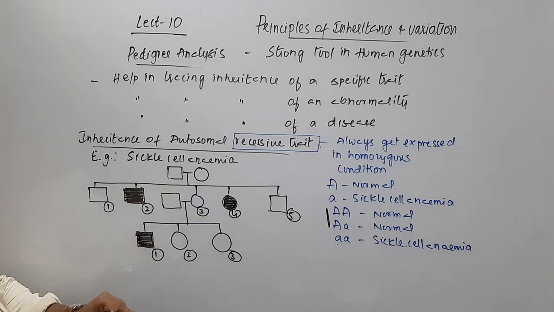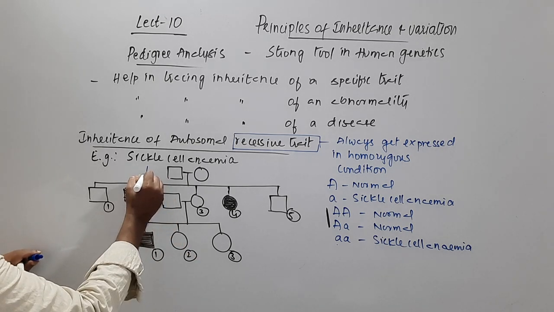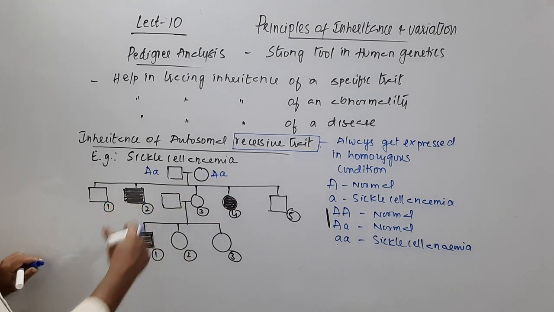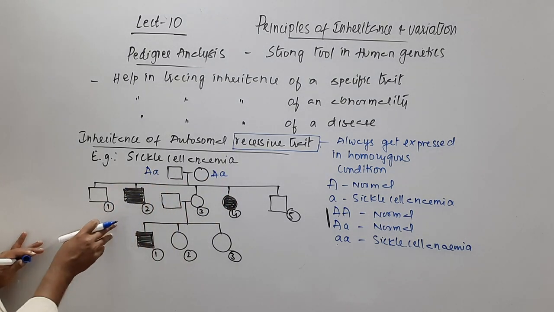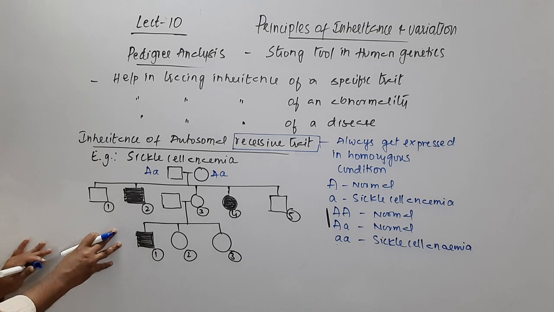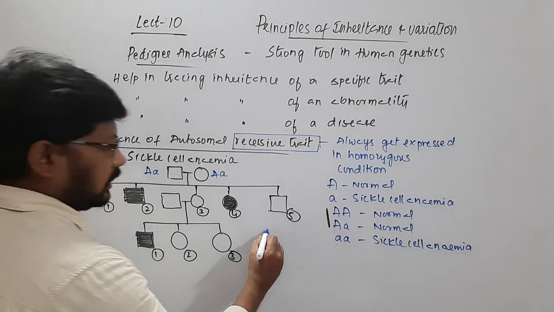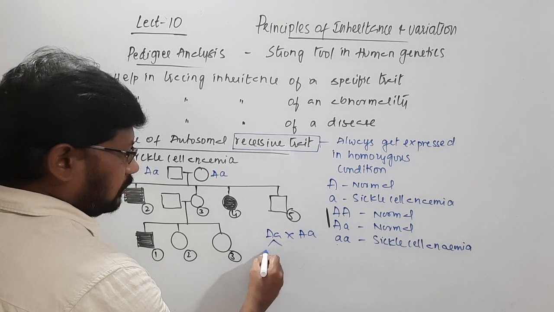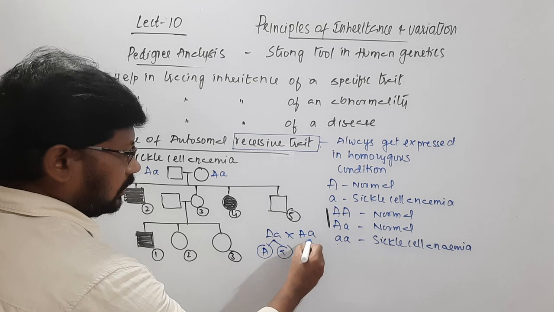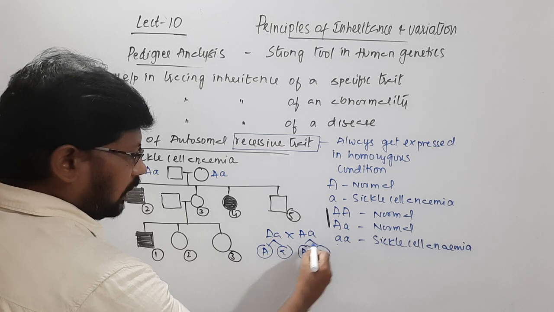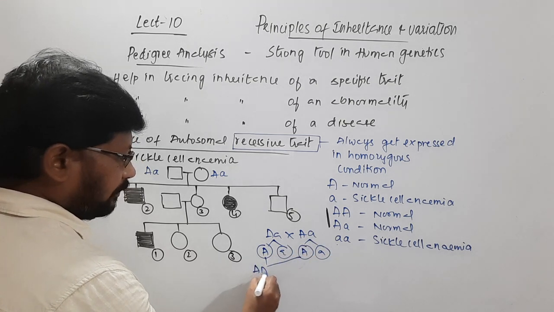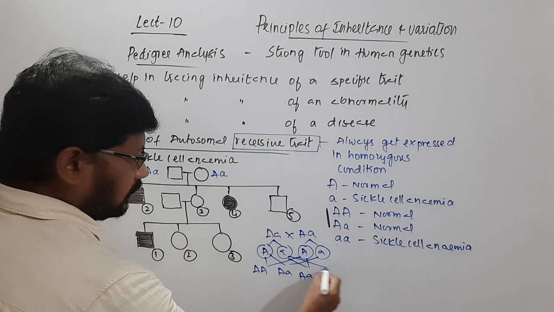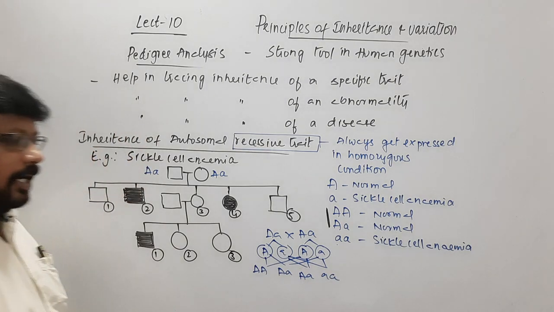If you take the parents as capital A small a and capital A small a, then we'll see how it is inherited. We get capital A capital A, capital A small a, capital A small a, and small a small a.